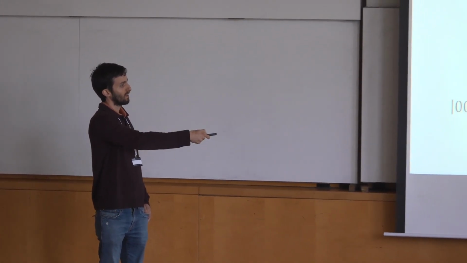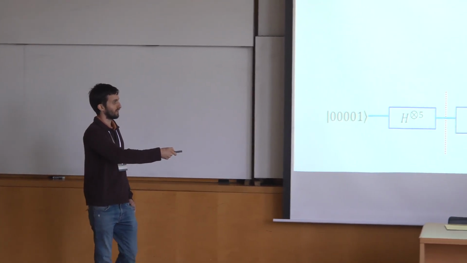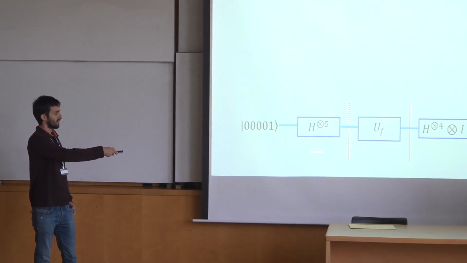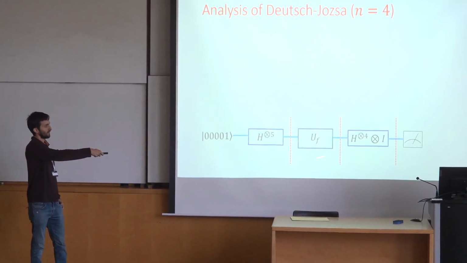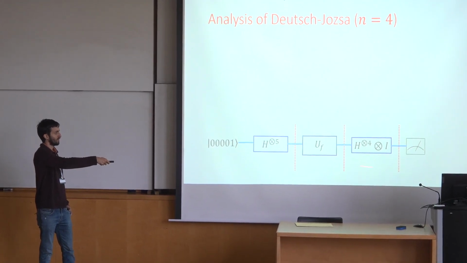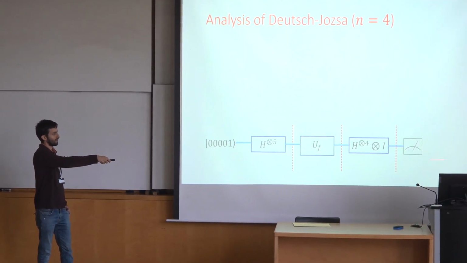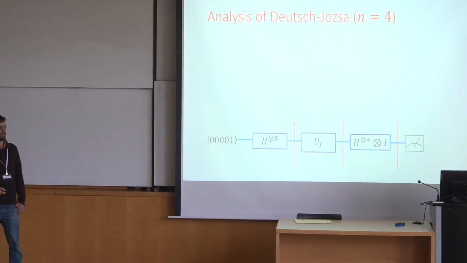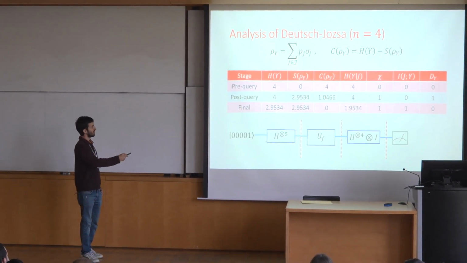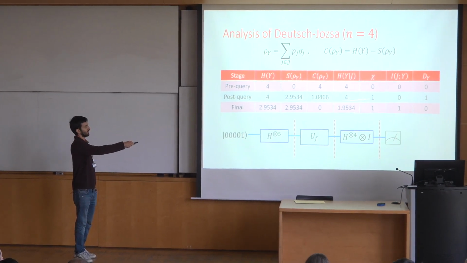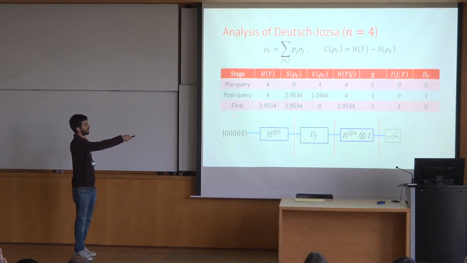So here's an example for a Deutsch-Jozsa with n equals 4. This is the circuit. So the initial state, this is the V, the first unitary. Then the query U_f, the second unitary W, and then measurement in the computational basis. So what we did was look at these quantities in three stages.